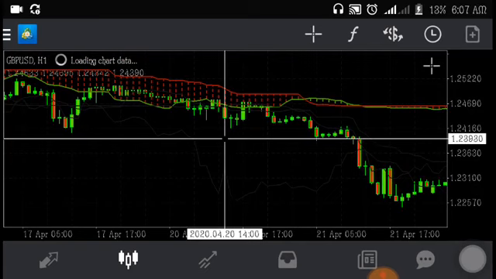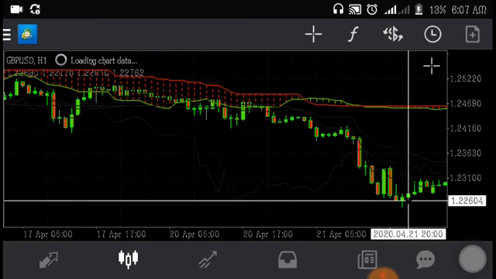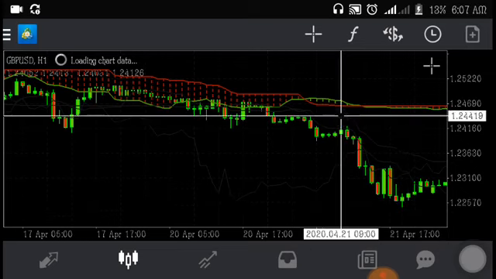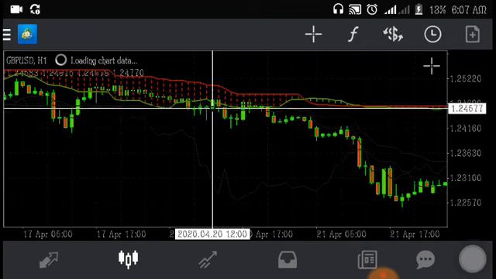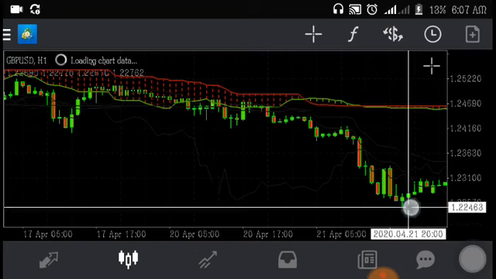Without even saying it, we got more than 100 pips, 22.60. Where did we enter the trade? Okay, we entered the trade around 24.57, and the trade moved all the way to like 22.50.